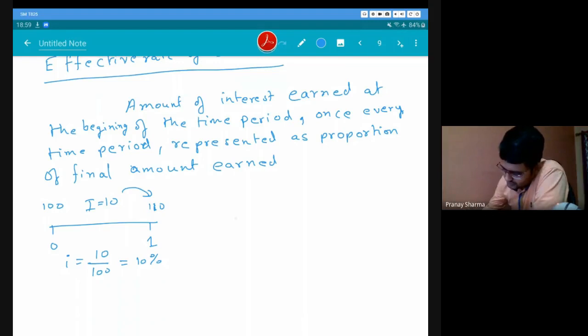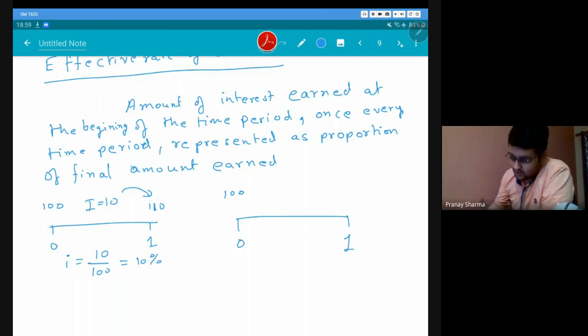So that was okay. Now I'll give you another scenario. You want 100 rupees from me, but I say that I want interest right now. So you say, okay, I want 100 rupees, you want 10 rupees as interest right now. So give me a loan of 110 rupees.